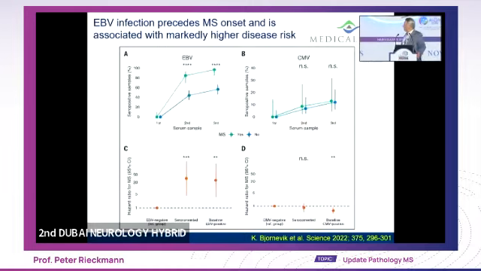But what was astonishing is that there is a significantly higher number of patients, almost reaching 100%, as we have known, among those who developed multiple sclerosis during this observation period. And what we know is that the overall average seroprevalence for Epstein-Barr virus is 58% in the control group.